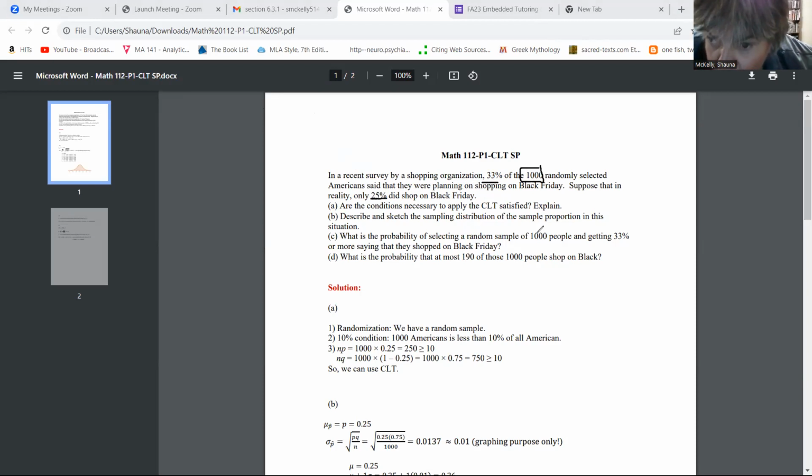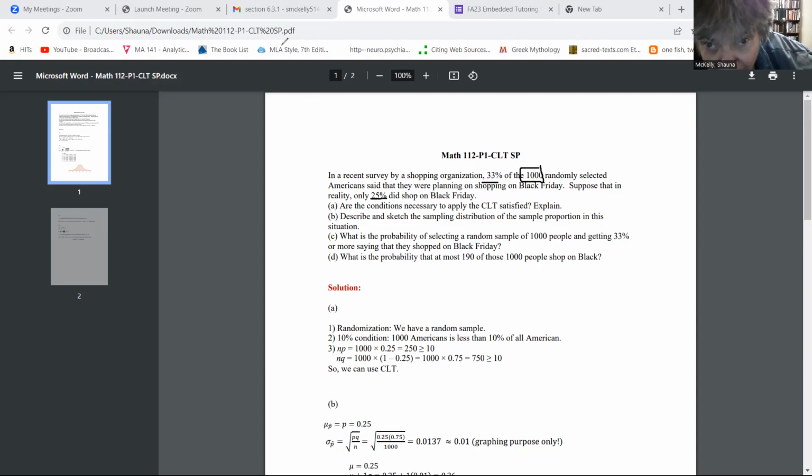Well, the first situation says, are the conditions necessary to apply the CLT, the central limit theorem, satisfied? Explain. So before we can decide if they're satisfied, let's look back at the assumptions. But we're going to come back to this 33 and this 25.